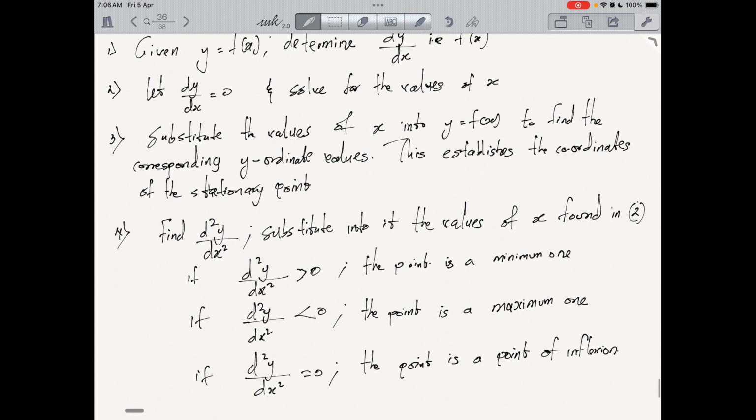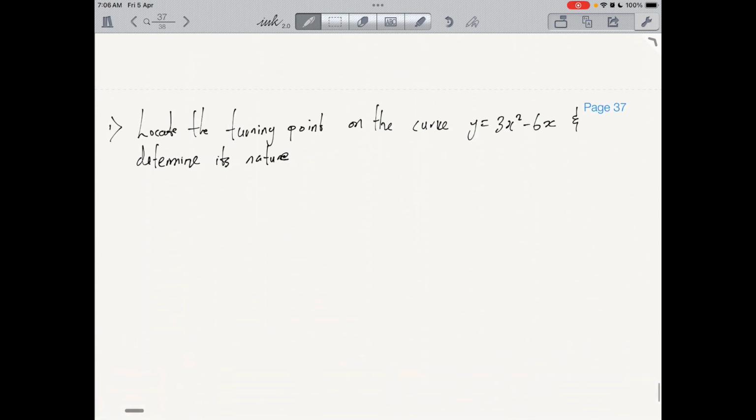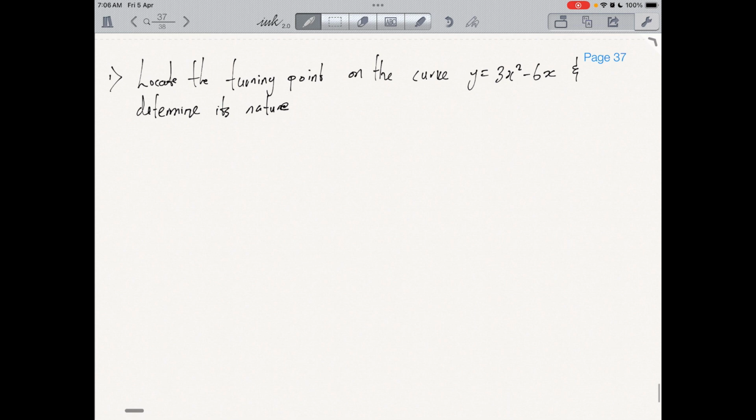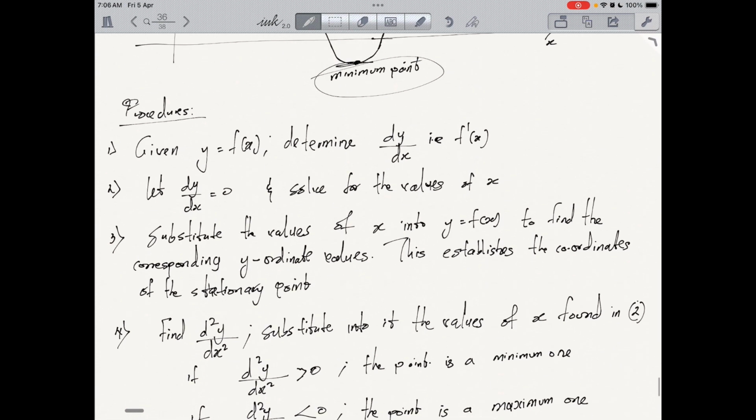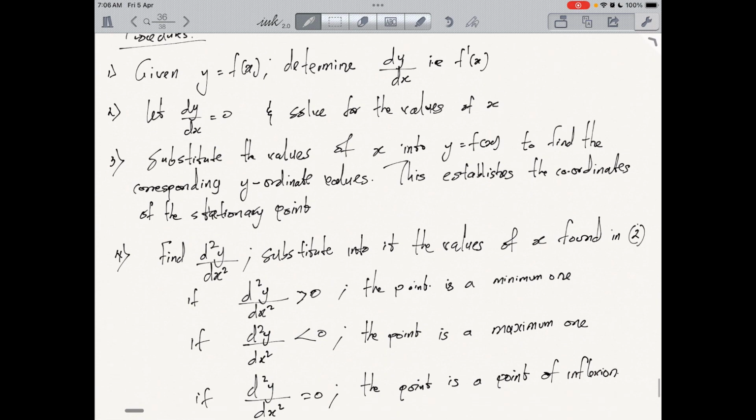Now, we have an example here. It says we should locate the turning point on the curve and determine its nature. Now, we'll go through the steps one by one. The first thing to do is to determine dy/dx in step 1.